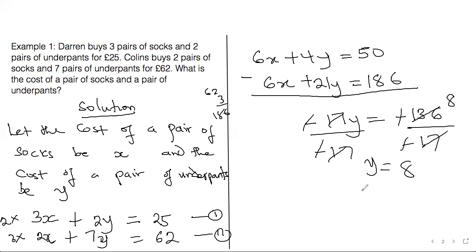So one pair of underpants costs £8. We can get the cost of one pair of socks by substituting this into any of these equations.